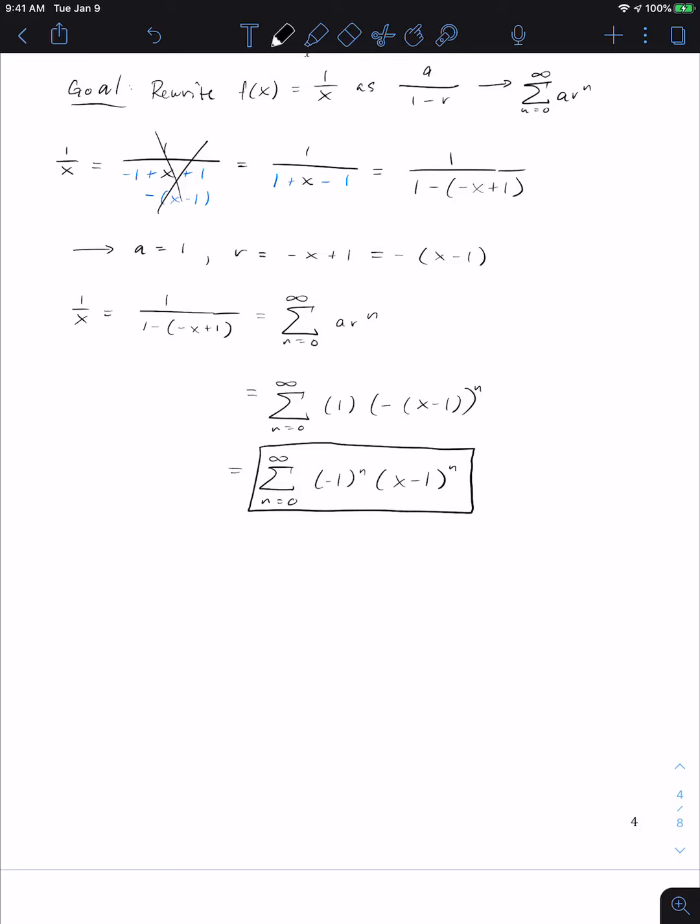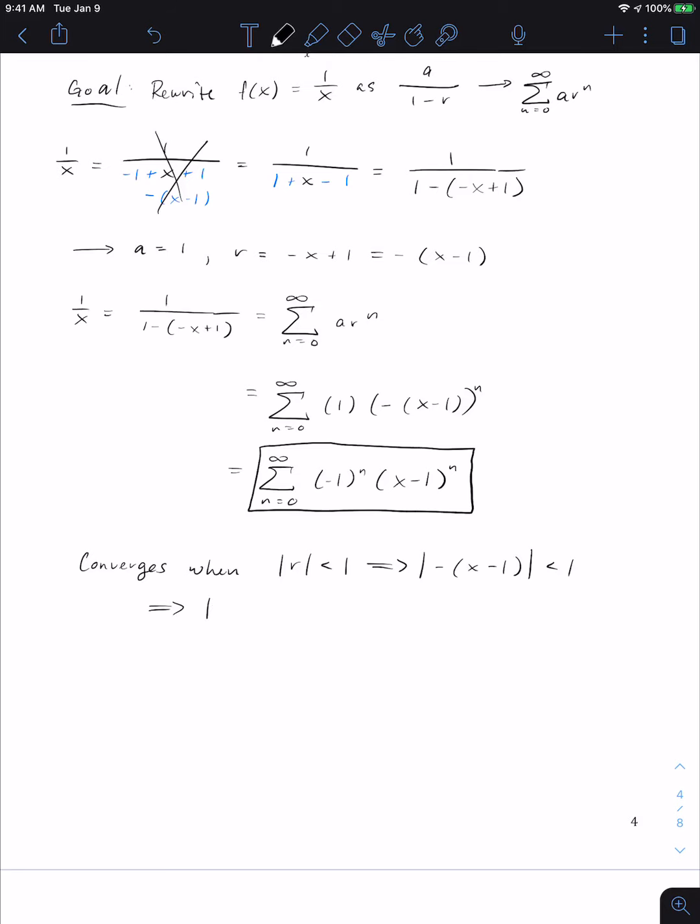But now, remember, we have to talk about when it converges to that. 1 over x is not always equal to that. It just equals this sum during a certain interval. So this converges when the absolute value of r is less than 1. In this case, what's my r? My r is negative x minus 1, but that absolute value takes care of that negative sign.